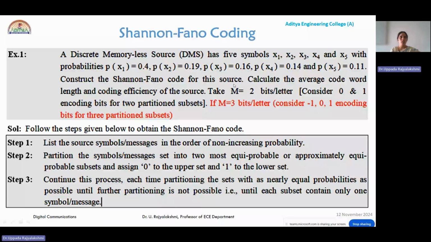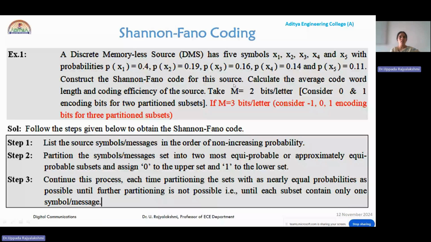And 1 is assigned to the lower subset. In the second partitioning, we again partition the upper subset into 2 subsets, such that the upper subset consists of 0.4 and the lower subset consists of 0.19. Here there is no possibility of exactly equiprobable, so we have taken the nearly equiprobable case, and you can assign 0 to the upper subset and 1 to the lower subset.